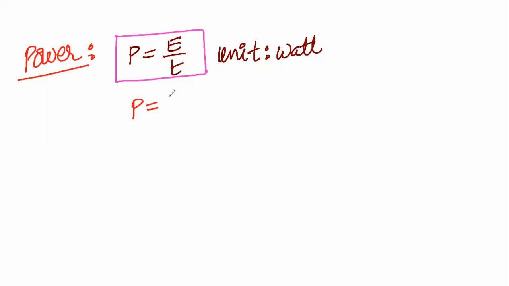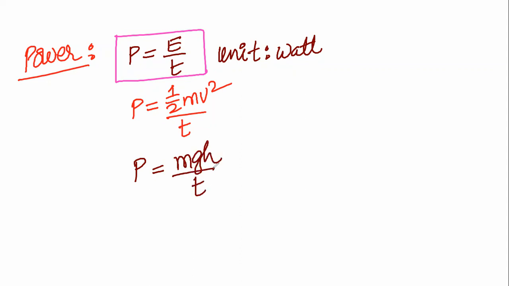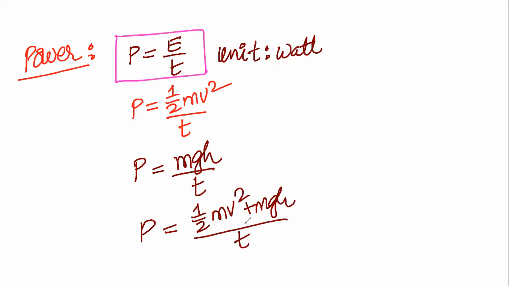Let us suppose power P is equal to half mv square divided by T. This is if energy is in the form of kinetic energy. Power P is equal to mgh divided by T. Or power P is equal to half mv square plus mgh, divided by T. Like this, we can write the power.